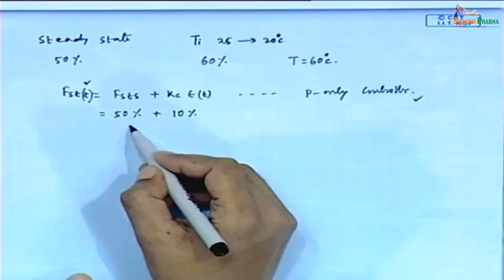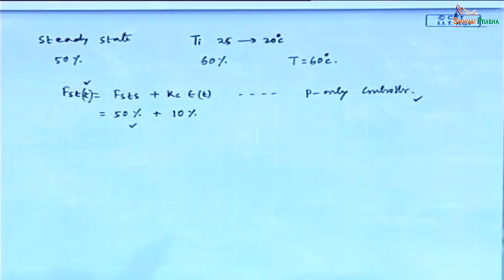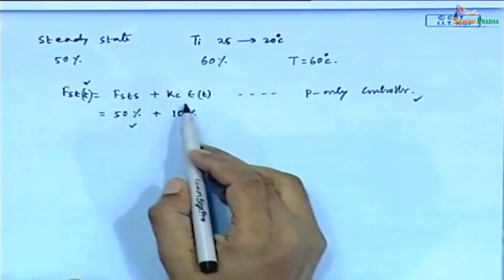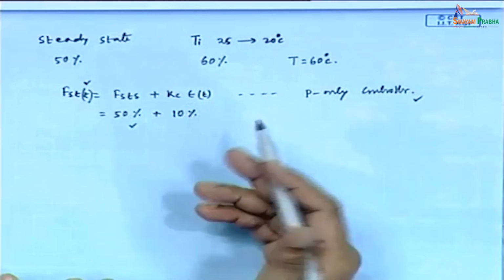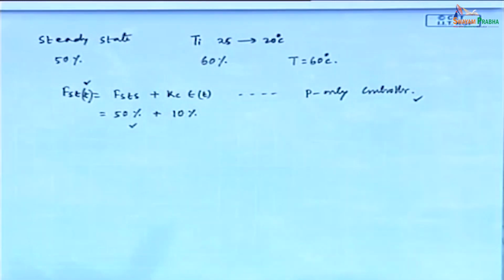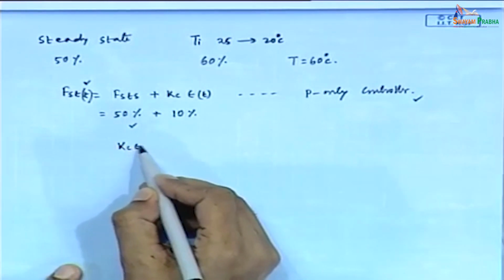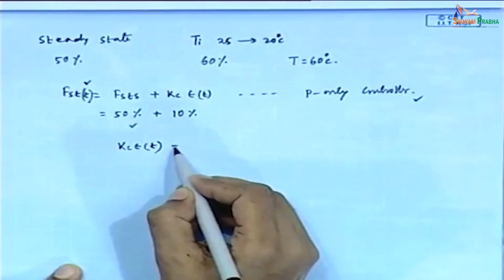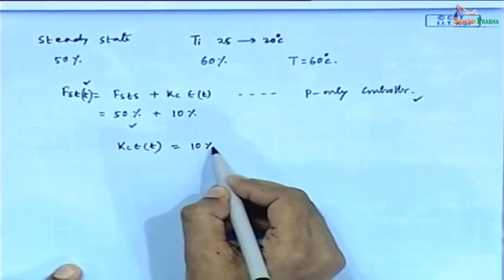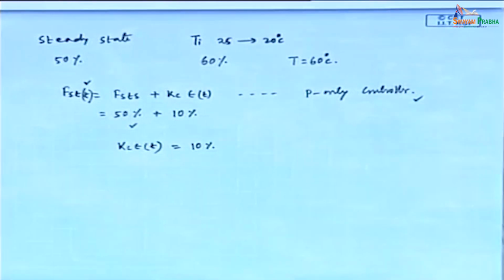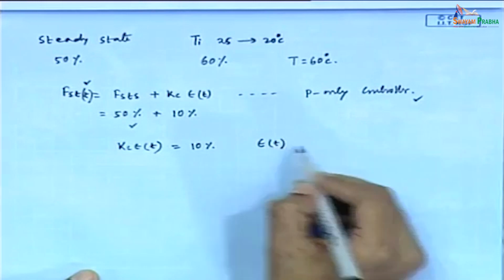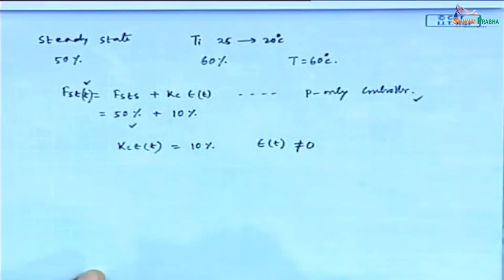So, Fst,s we can write as 50%, and the rest Kc epsilon(t) will be remaining 10%. Fine. So, what does it indicate? Kc epsilon(t) equals 10%. So, how much is epsilon(t)? At least epsilon(t) is not equal to 0.